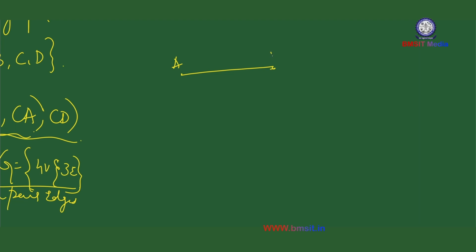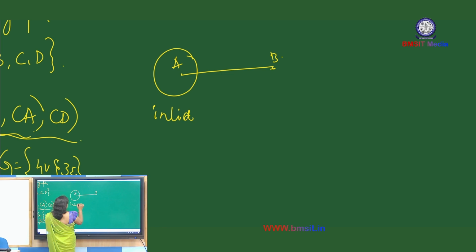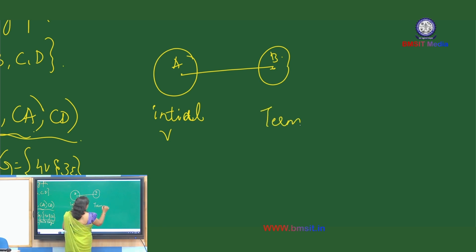In this graph, A, B, I can say that this vertex is always an initial vertex. The one where it ends is called a terminal vertex.